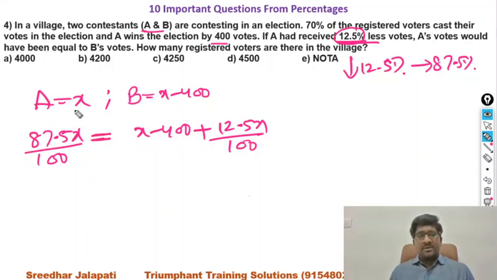Initially we assumed the number of votes with A is X, the number of votes with B is X minus 400. Had A received 12.5% less, that means 87.5% of X, then whatever this 12.5% that A is not getting, B is getting. Then A's votes equal B's, as given.